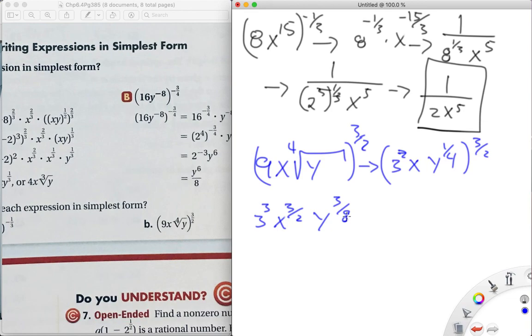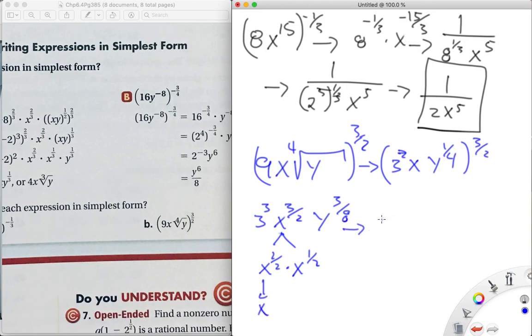Now, there's a couple routes to go from here. If we look at this x to the 3/2, it's an improper fraction. So I can break this up into x to the 2/2 times x to the 1/2, right? Which brings out this whole x. So x to the 2/2 is x.